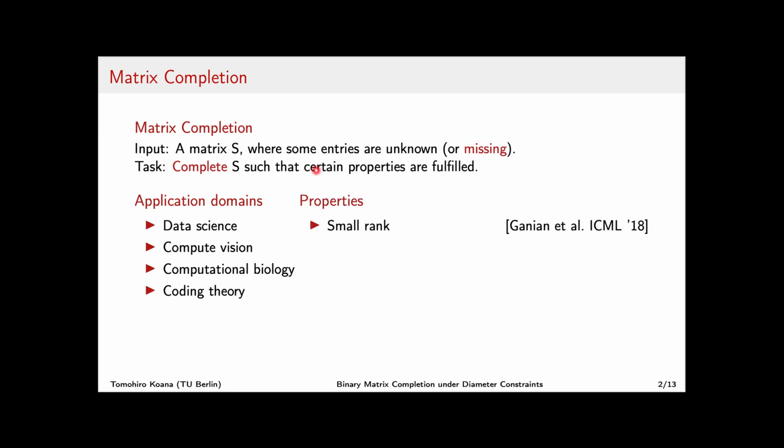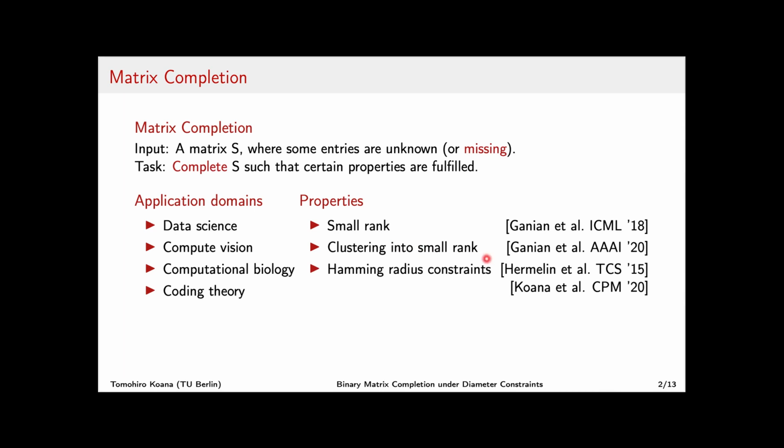Depending on the properties we want to fulfill, there are many variants of the matrix completion problem. Ganian et al. studied a problem where we want to minimize the rank of the completed matrix, and they also studied its clustering variant. And Hermelin and Rosenberg studied a variant where we want to minimize the Hamming radius.